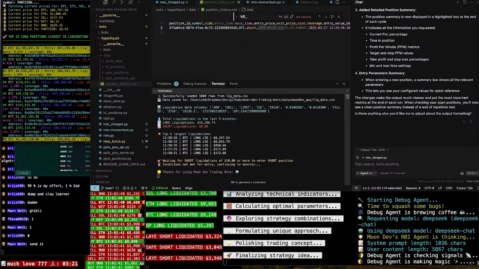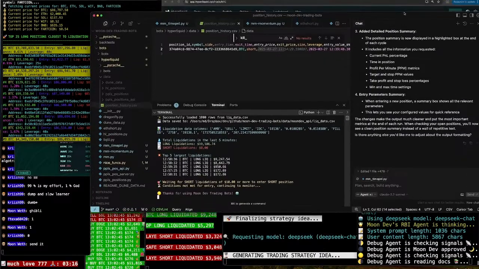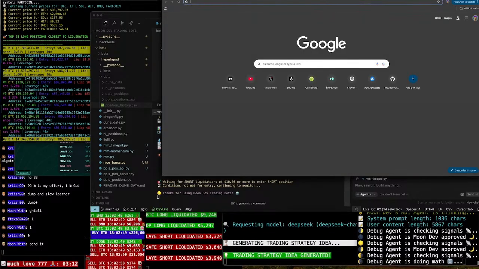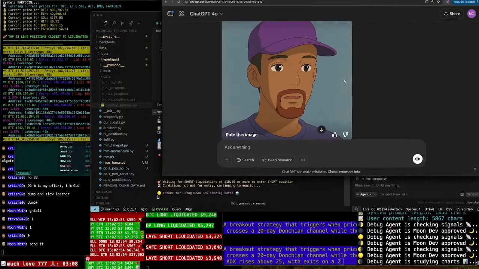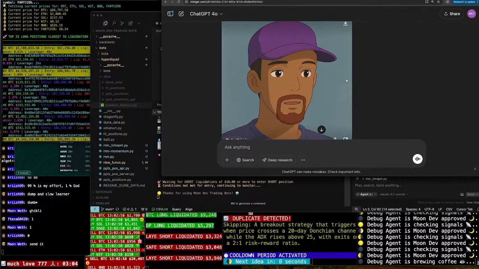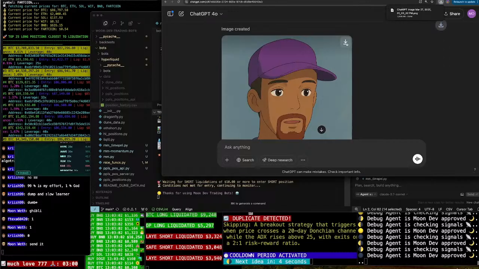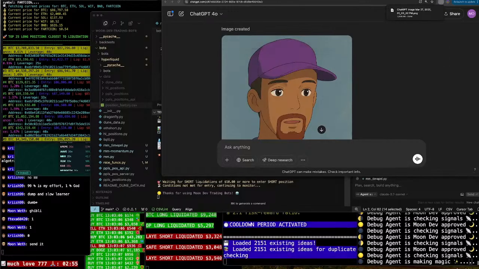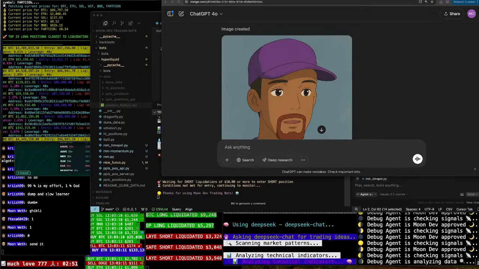Oh, I wanted to look into this. How to print. Oh, look at that. That's me, dude. That's pretty good. That's okay.